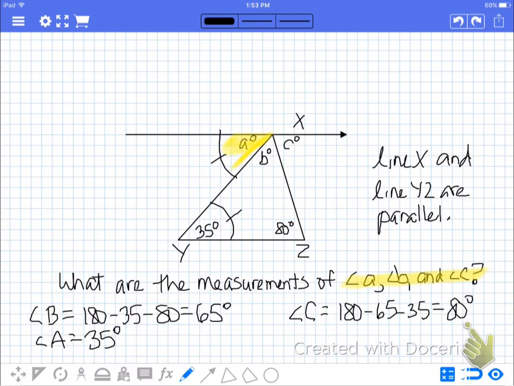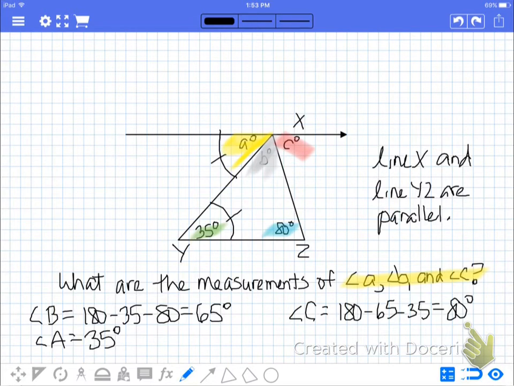So that's A, B, and C. I was given angle Y and angle Z. So with this information, I can figure out A and B and C using all those different cool transversal things. Let me start first with angle B.